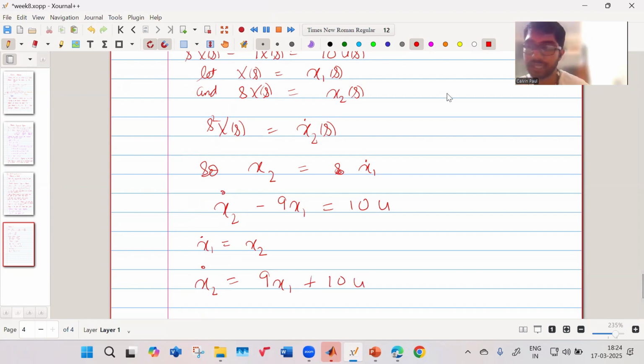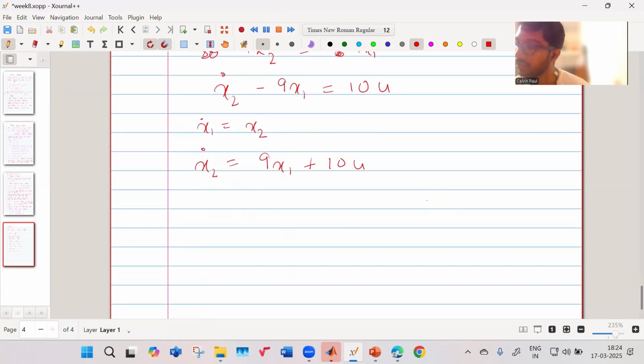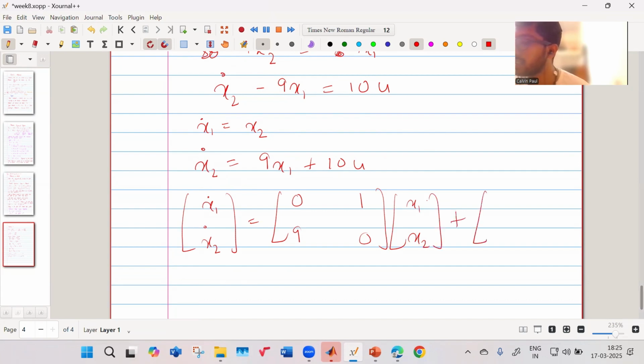Now we write this equation. We have x1 dot, x2 dot is equal to [0 1; 9 0] times x1, x2 plus [0; 10] u, and our y is equal to x1, so it is actually equal to [1 0] times x1, x2.